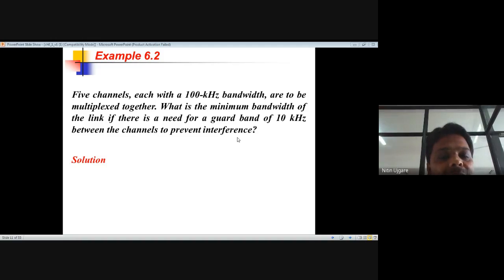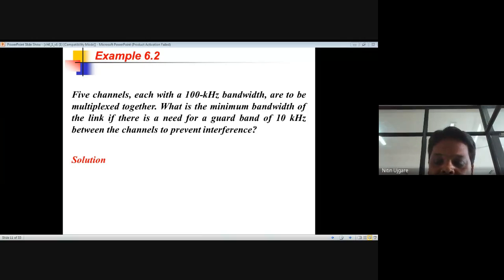So how many guard bands do we need to separate the 5 channels from each other? You can type in the chat box. 4 guard bands, exactly. Now each guard band is of size 10 kilohertz. That means 4 into 10, 40 kilohertz.